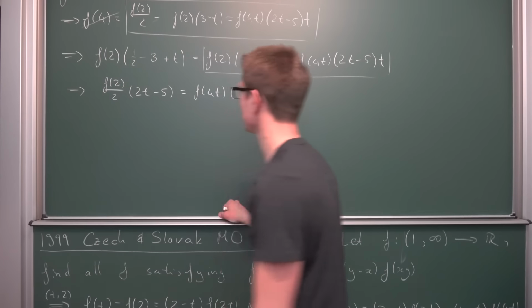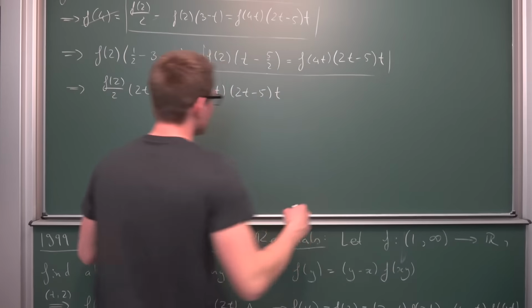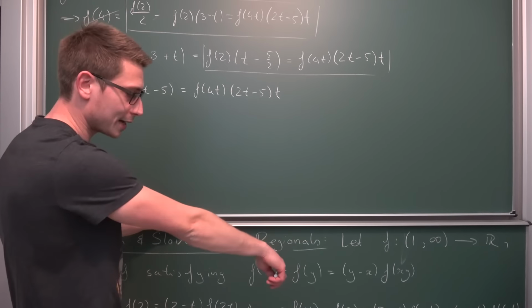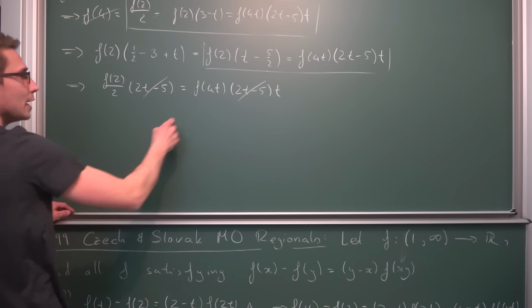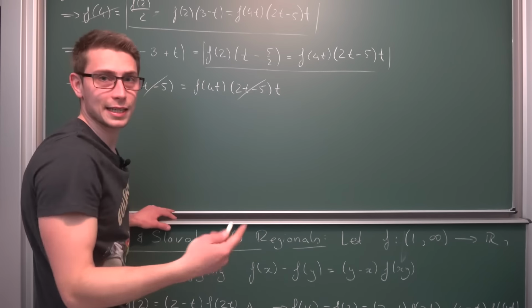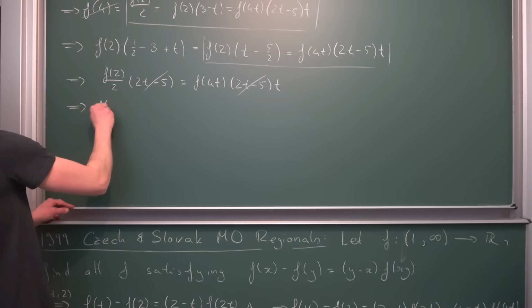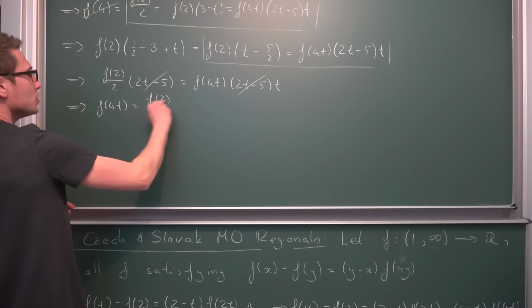Oh, this is curious. Hey, this works out. Since t is not equal to 5 over 2, this is the restriction that we set, we can divide both sides by it. And if we divide both sides by t, it can't be equal to 0 because of the restriction on the interval. We get that f of 4t is equal to f of 2 divided by 2t.